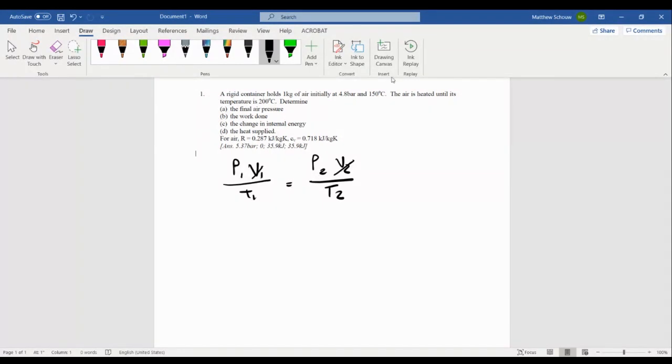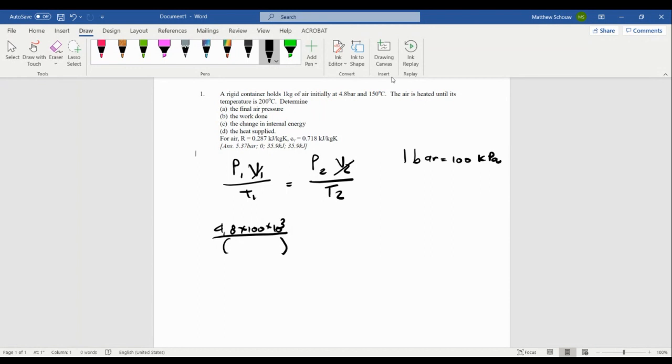So at the first state, right, we have 4.8 bar. So we assume in our case that 1 bar is equal to 100 kPa, right? So in this case, this is going to be 4.8 times 100 kilopascals divided by what? Who can tell me?